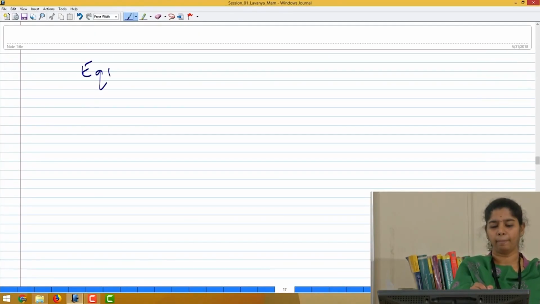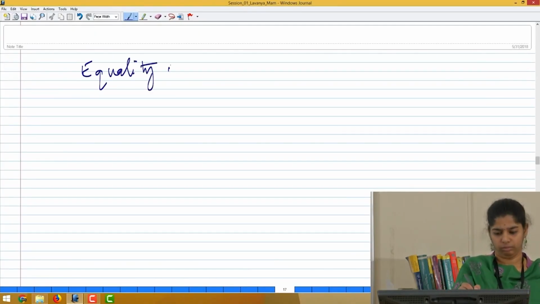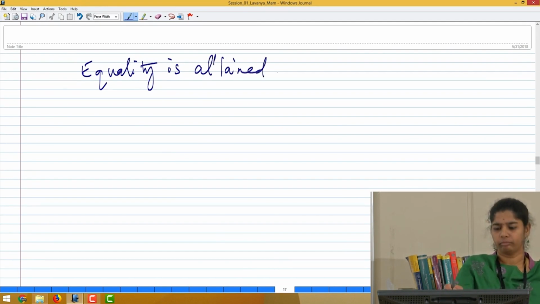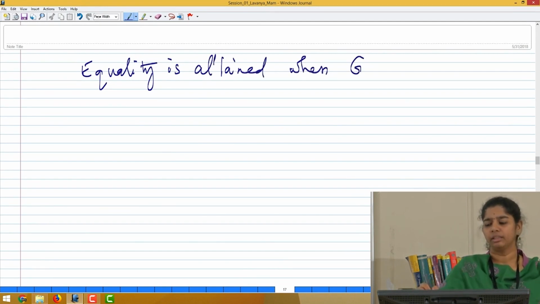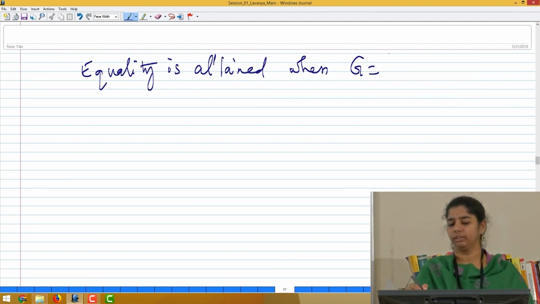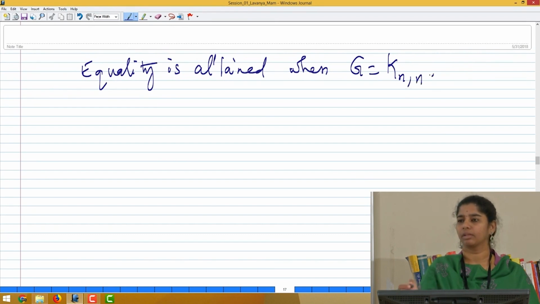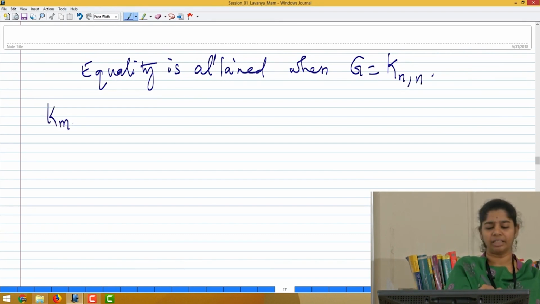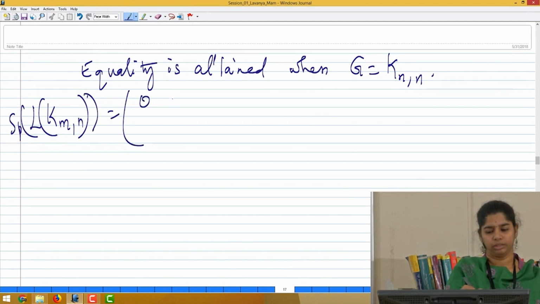So, if you look into this, equality in this case is attained when G is a complete bipartite graph with equal partition, K n n, because for K m n we have already seen the Laplacian spectrum of this is nothing but 0, m, n and m plus n.